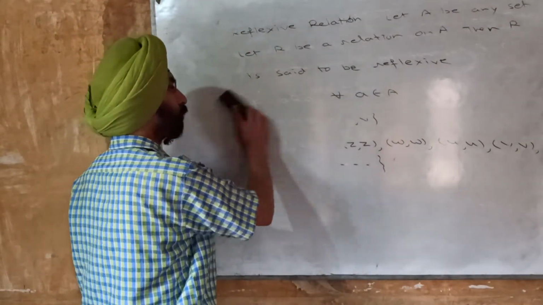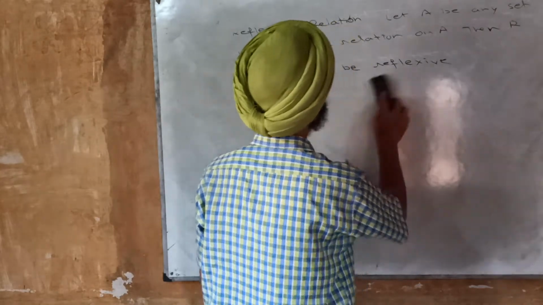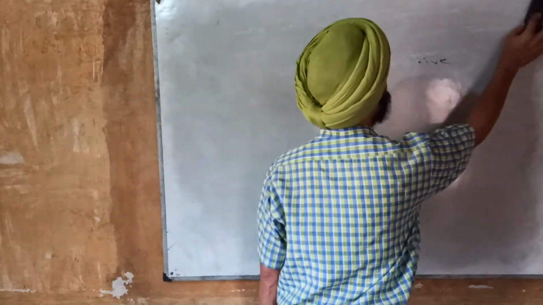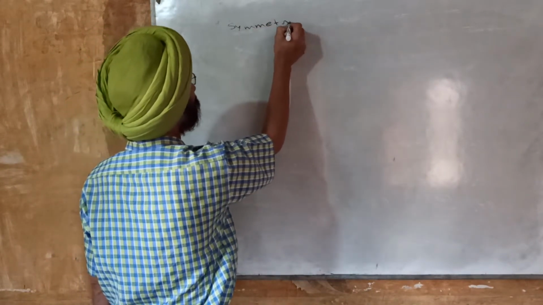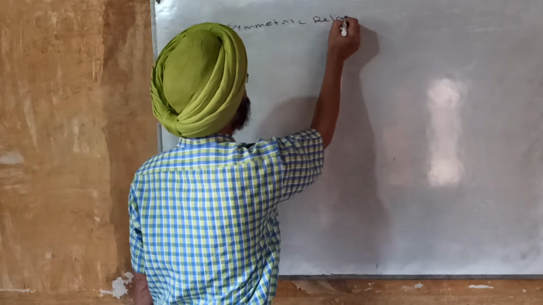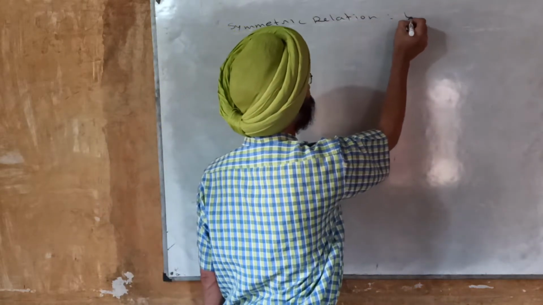Now move on to the second definition, that is symmetric relation. So again we start from there.